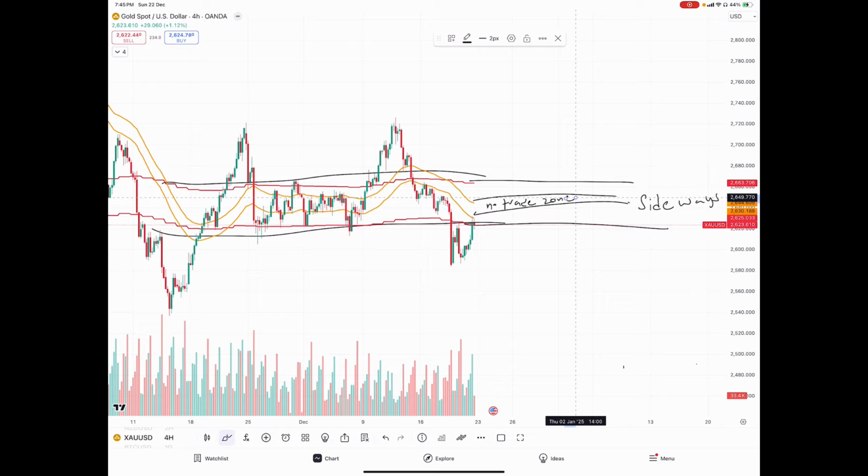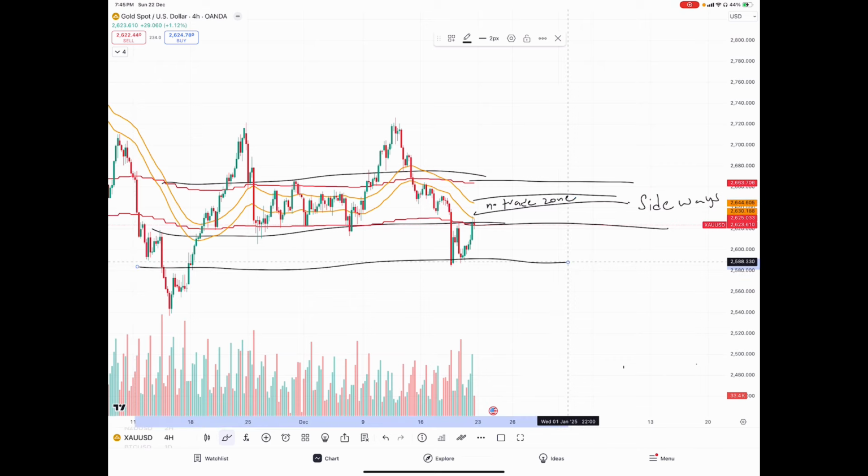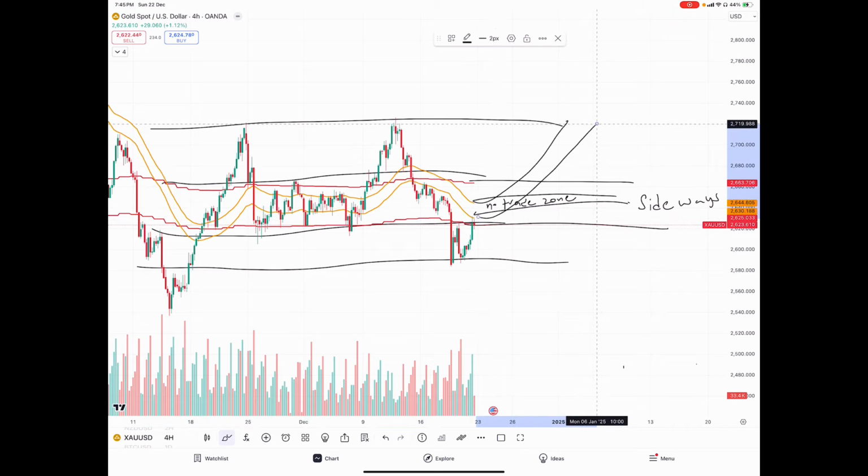We'll wait for it to either cross this range or this range. And we have to wait for the orange line to either go like this to support the bullish momentum or to break down to support the bearish momentum. That is when we look for the trades, or else we will not trade this pair. We can look at the other trades.